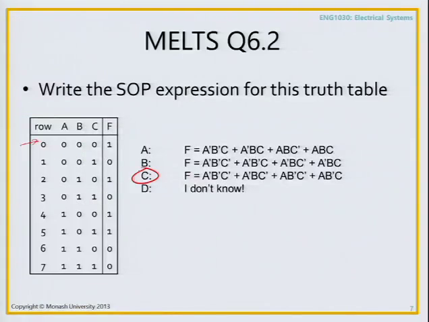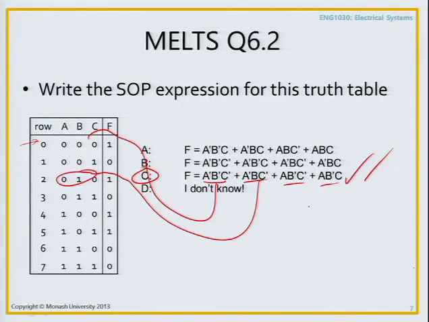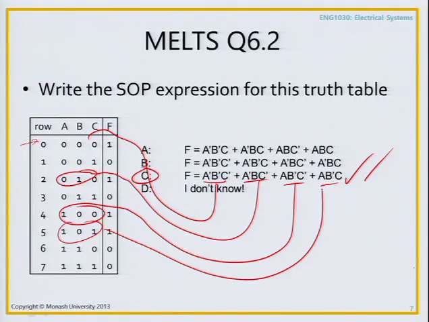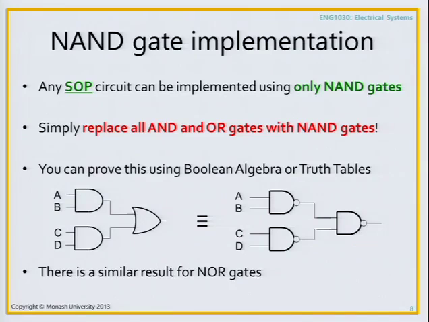It is in fact C. Well done. So glad to see you all understand how these come from the truth table, right? These correspond. Very good. Well done.